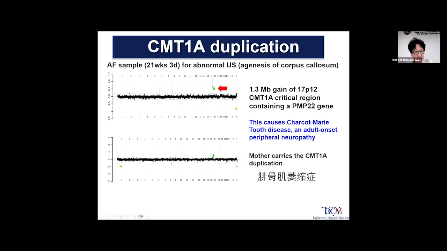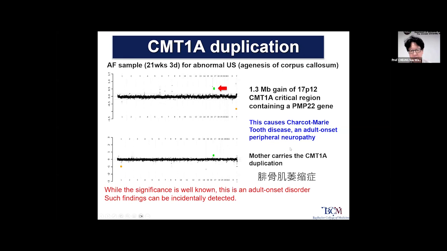And there's a terminology. Usually even if the fetus has this CMT1A, it usually doesn't exhibit until adulthood. This is adult disease onset peripheral neuropathy.